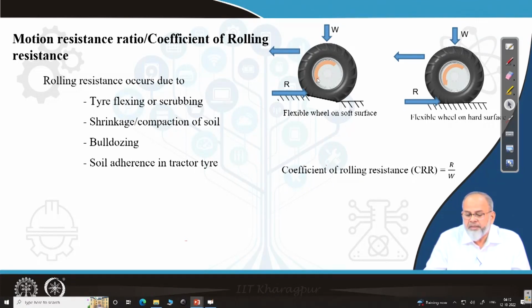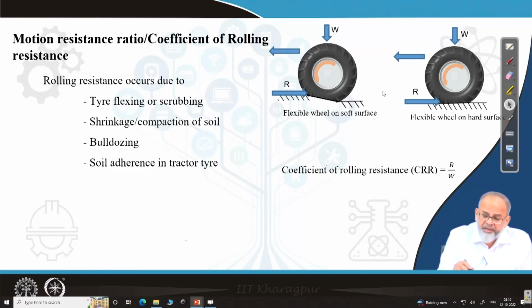So from this discussion, rolling resistance is nothing but the sum of the forces acting opposite to the direction of motion. In this figure, the R arrow is indicated opposite to the direction of travel.